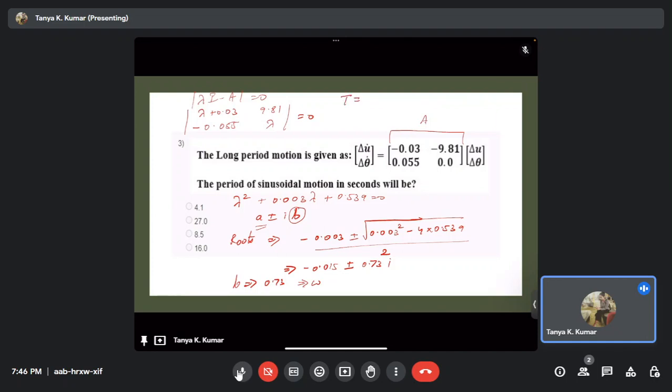So time period is 2 pi by omega, right? So you have 2 pi by 0.73. How much is this? 8.55 seconds, correct? So this is the correct answer.